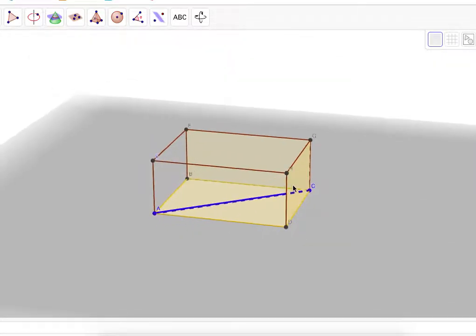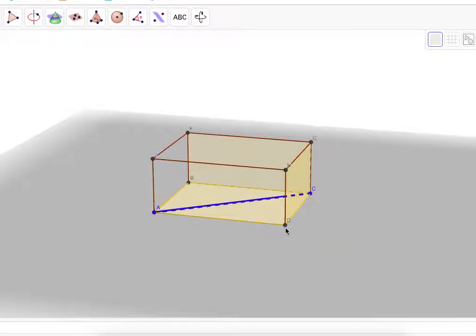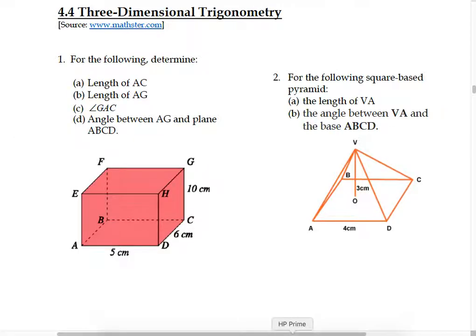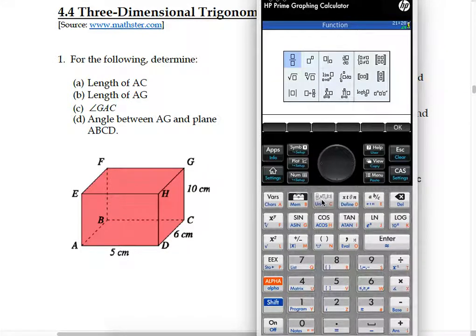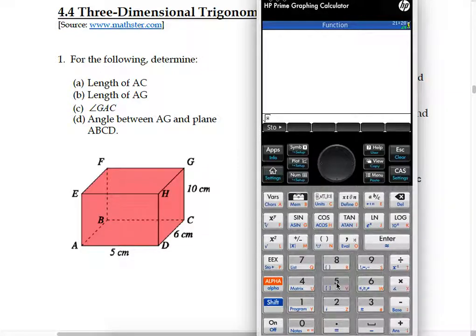So if we have 5 and 6 as the lengths of the two right-angled sides, we can easily use Pythagoras' theorem and calculate the square root of 5 squared plus 6 squared, and the answer is 7.81.